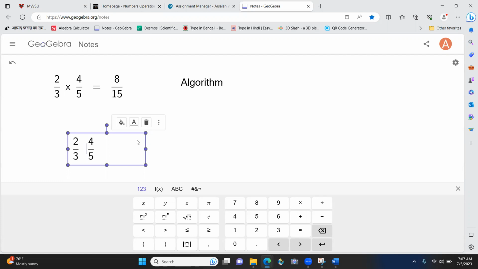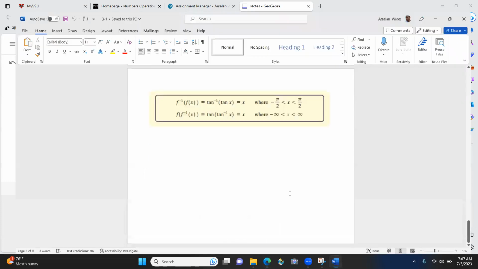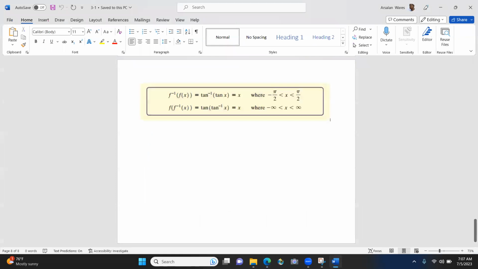So what I'm going to do, give me 1 second, okay? I'm going to bring it from someplace else and it'll look a little better.